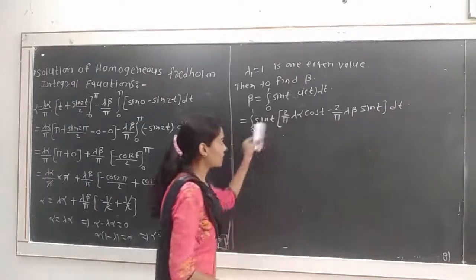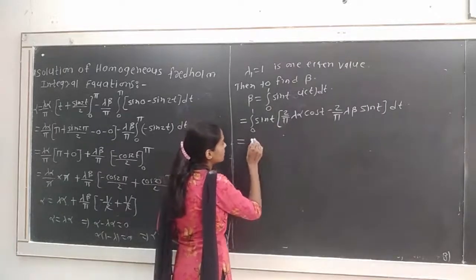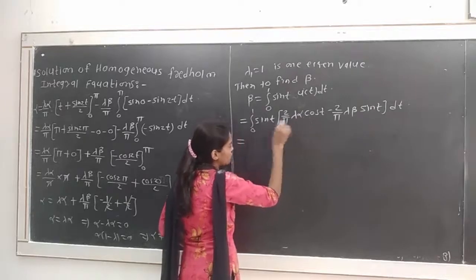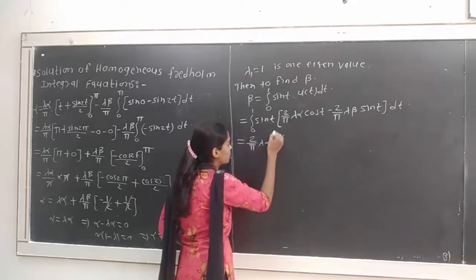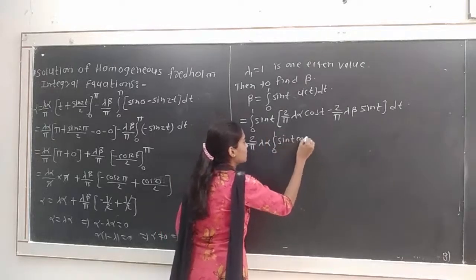Then we simplify these integrals, or separate this integral. 2 by pi lambda alpha is a constant, so we take it outside: 2 by pi lambda alpha integration from 0 to 1 sin t into cos t dt.